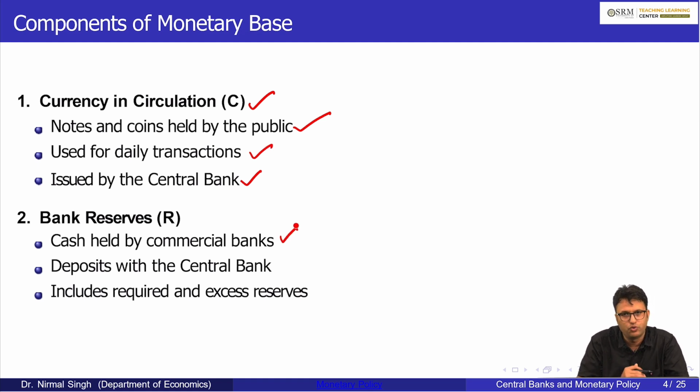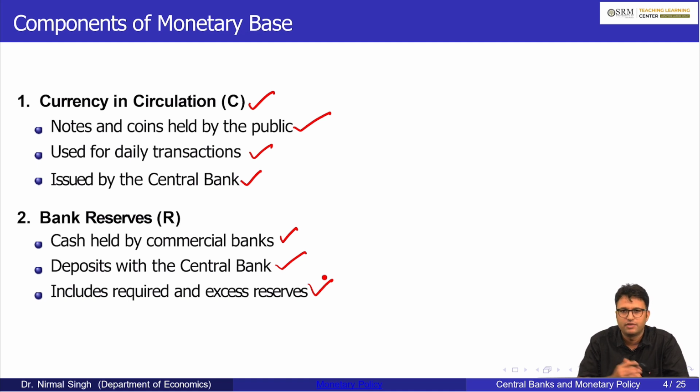Here a few things we need to keep in mind: when we are discussing reserves, they are decided by the central bank of a country. In the case of India, the RBI decides how much reserves the banks have to keep with the central bank or with themselves, as a deposit with the central bank, and this includes required reserves and extra or excess reserves.